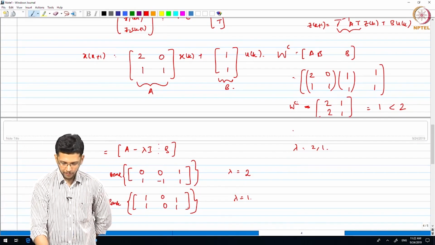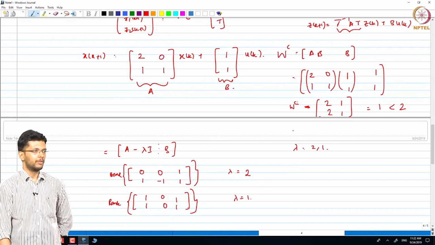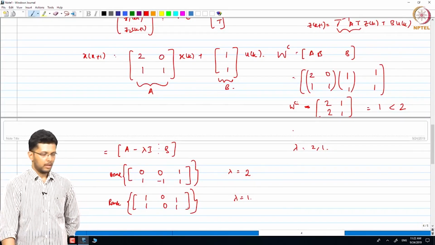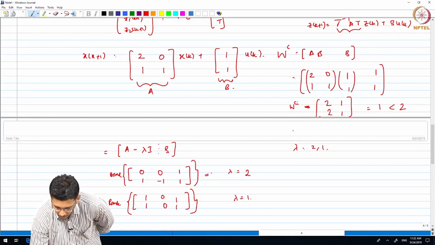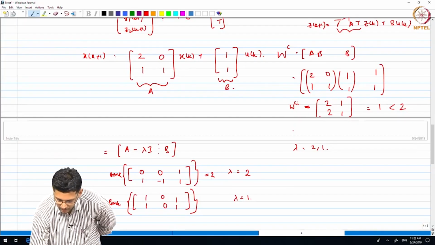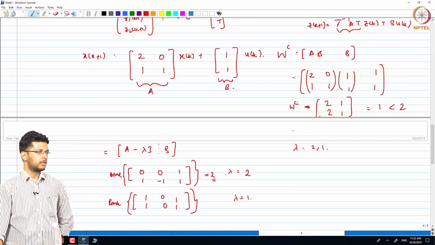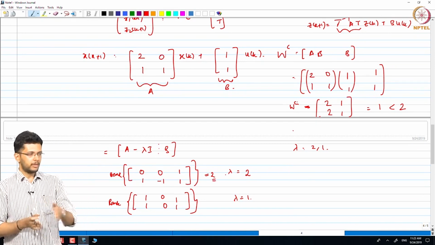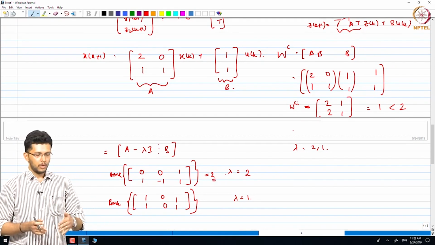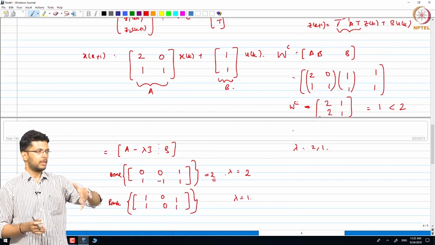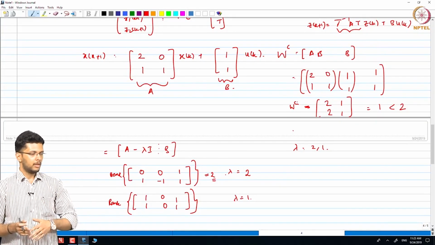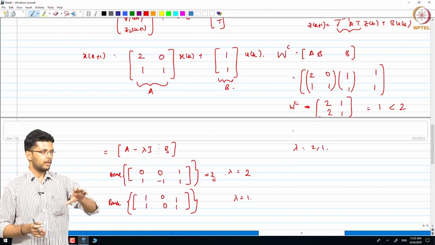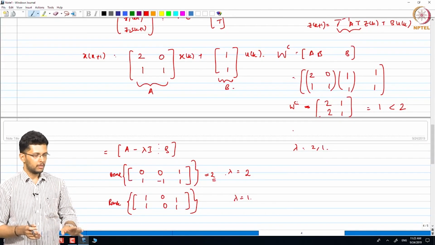What is the rank for the first lambda? It is 2, which is equal to the order of the system, which is 2. That means there are 2 states here, x1 and x2. You have your lambda for one of the states and the lambda for the other state. So it seems that one of the states is reachable, the other state is not reachable.